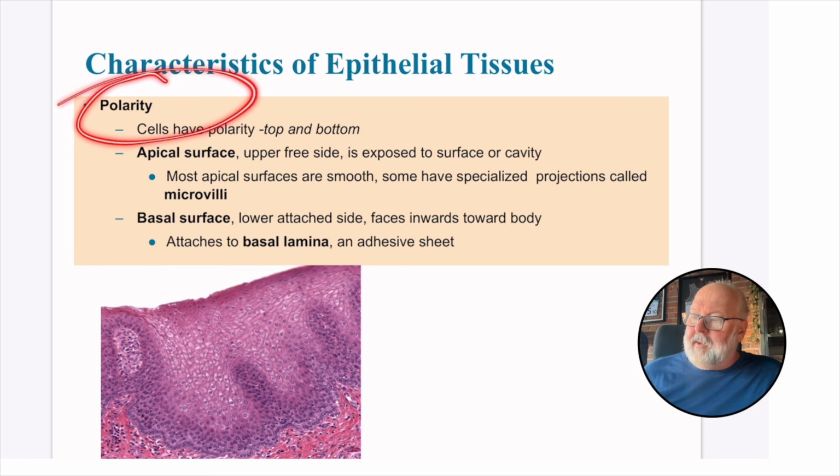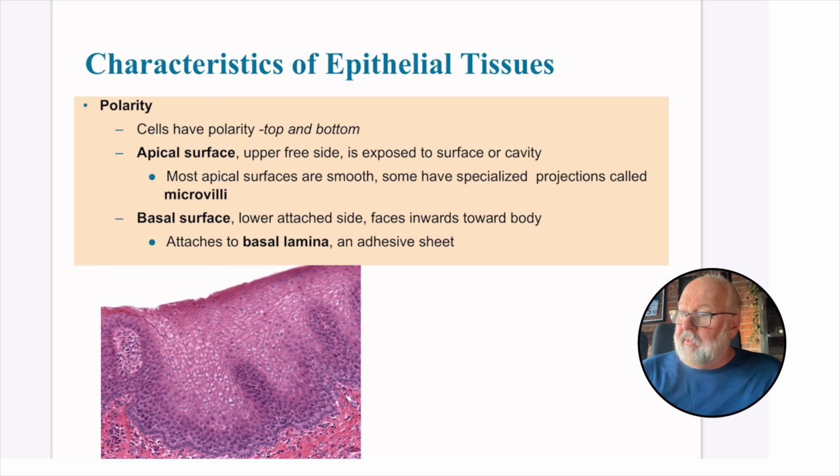What do I mean by polarity? They have a top and a bottom that we can identify, and we're going to give those fancy names. We're going to call one surface the apical. The apical surface is the upper surface, the part that is exposed to the outside world or into a cavity. Now this, my friends, right down here, this is epithelium.